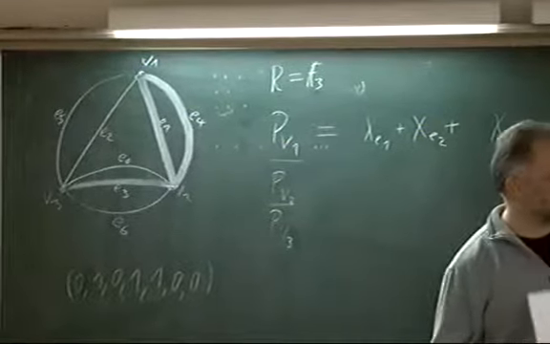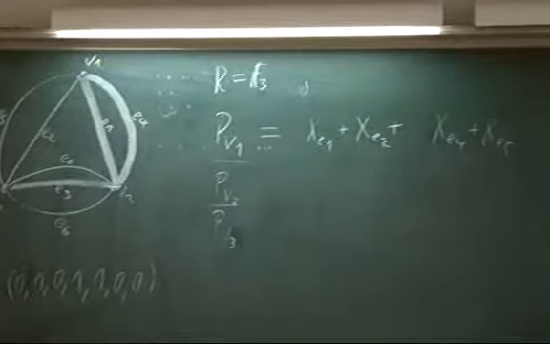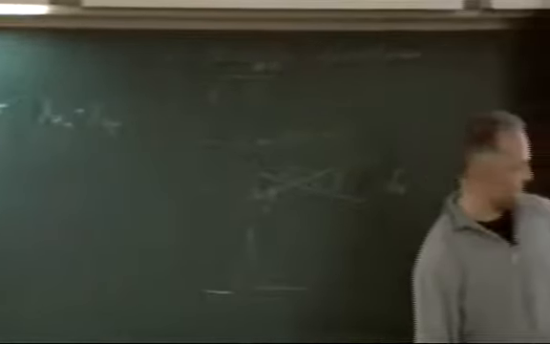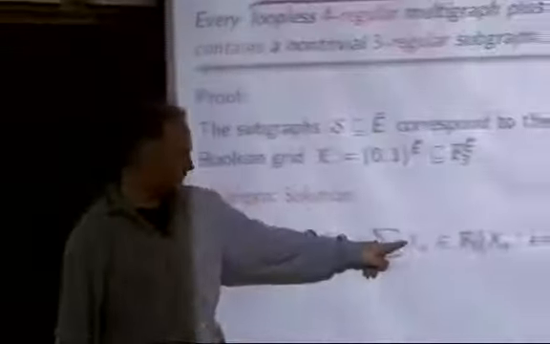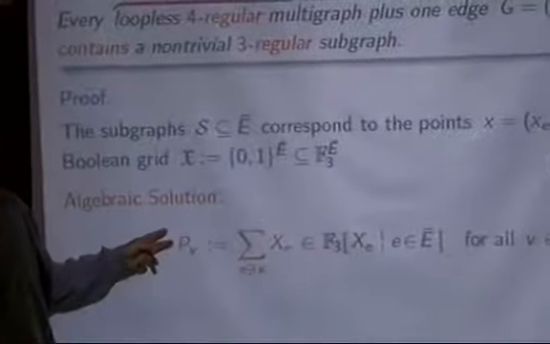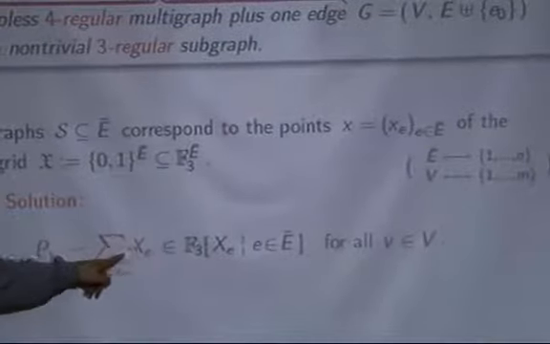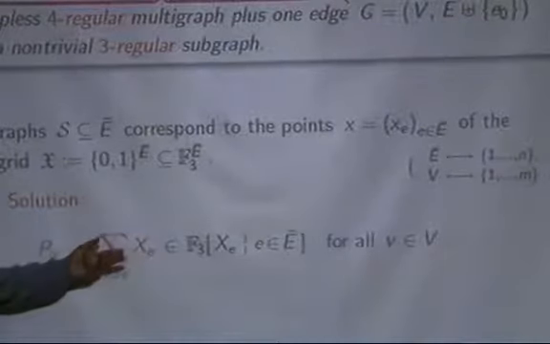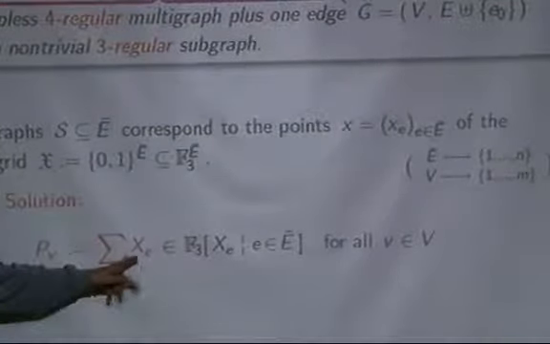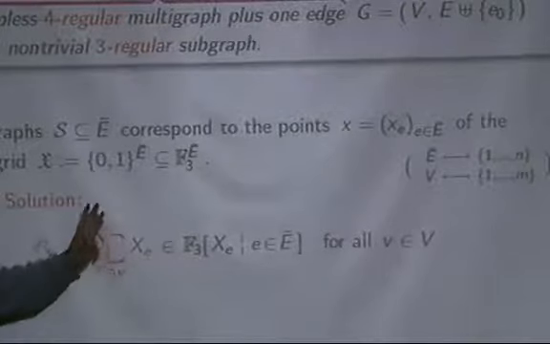So why is this? Assume we have a 0 here for one vertex V. Then this means the sum is 0 modulo 3. So it's either each summand is 0, or 3 are 1, or 6, but we don't have 6 because the maximal degree is 5. It was 4 regular plus 1 edge.